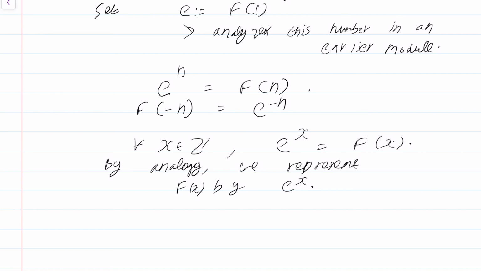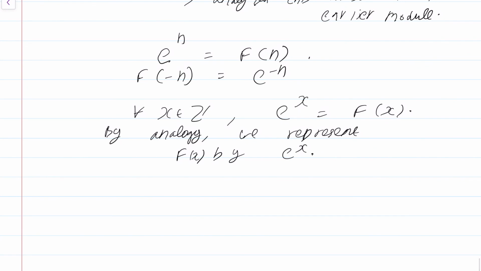We know how to define exponentials for a natural number and also for a rational number, but we don't yet know how to do it for a real number. We have just informally defined it using logarithms as and when needed in earlier modules, but the purpose of this particular set of modules is to make all that rigorous. So by analogy, we are representing f of x by e power x. That's all we are doing.